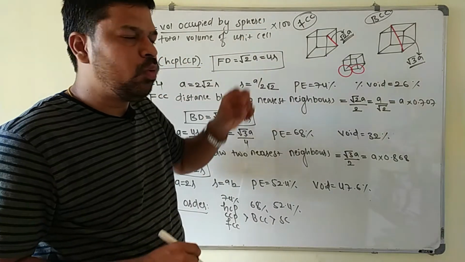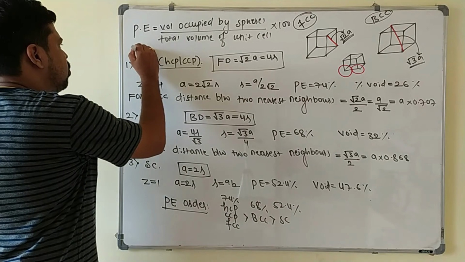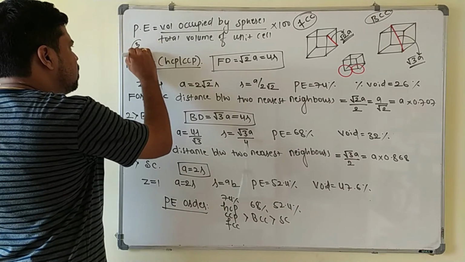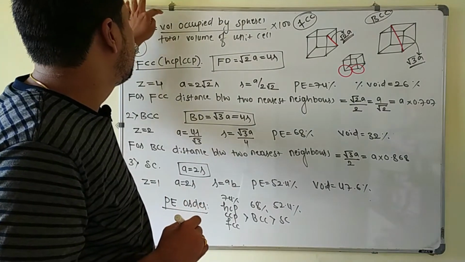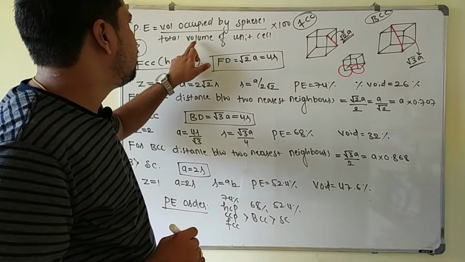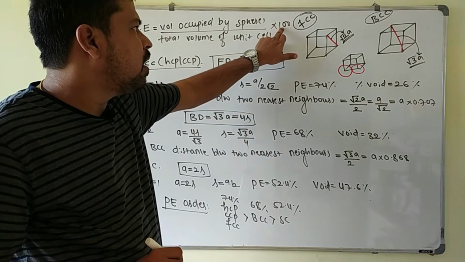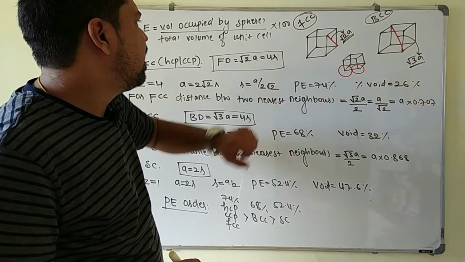The total volume of the unit cell is nothing but that of a cube, where a is the edge length. So the packing efficiency is equal to the volume occupied by the spheres divided by the total volume of the unit cell, into 100%.